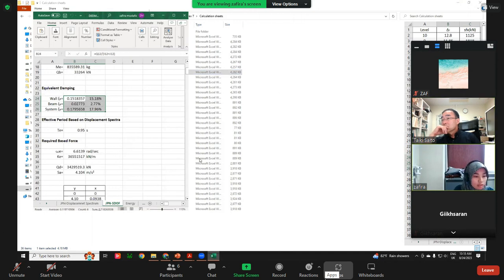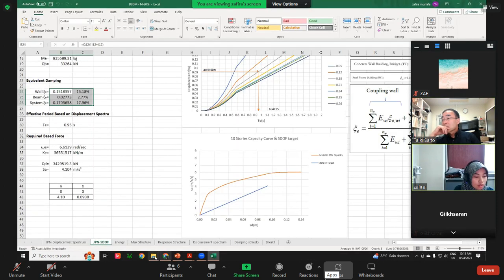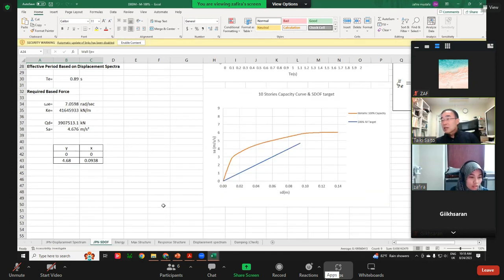It's 20%. So you get this capacity curve and orange curve from pushover, 1/100. And why is this orange curve the same for 100% and 20%?